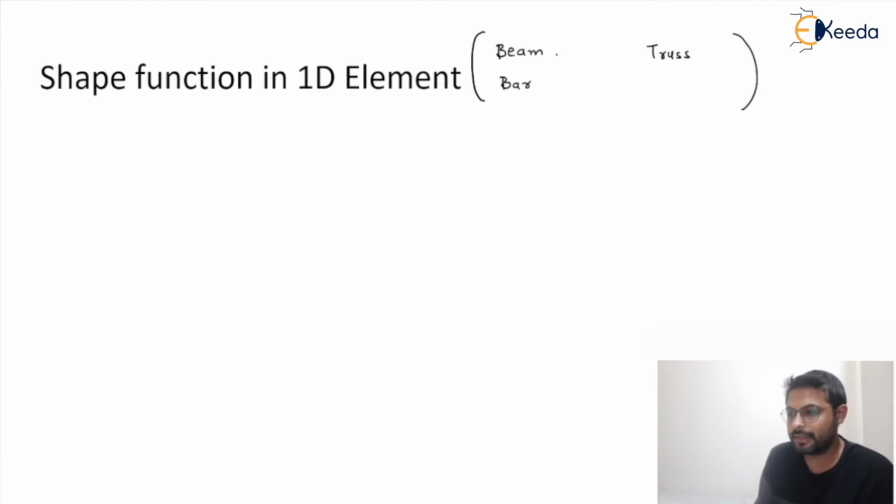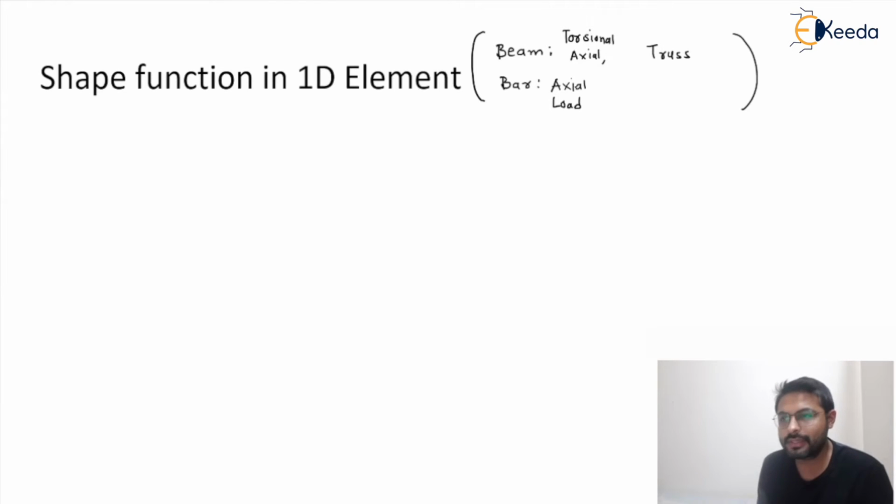First, we need to understand the difference between these things. What is a beam, what is a bar, and what is a truss. First, if we consider the bar element, it can only take the axial load, while the beam can take axial load as well as torsional load and bending moment also.